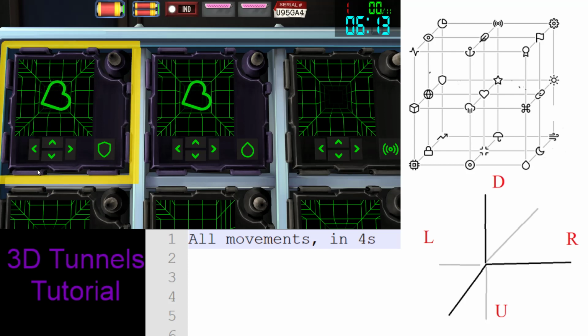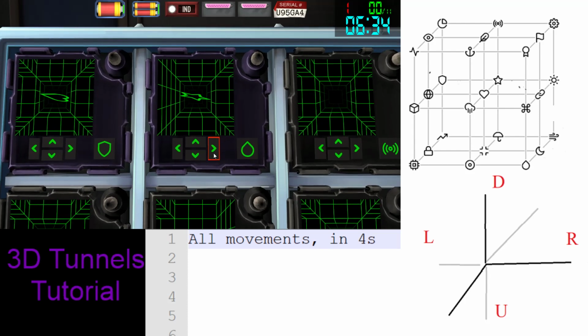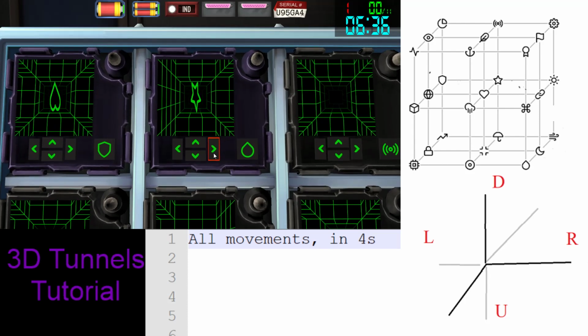Whenever we keep moving in the same direction, we're going to go about 2 axes. One's the left, right, or the up, down axis, whichever button I'm hitting. The other one, since it can't be the other of those, because we've already defined those, is going to be the front and back. Whenever you keep hitting the same button repeatedly, you're going to go in the back direction. So 3 hits on anything gives you the back position.